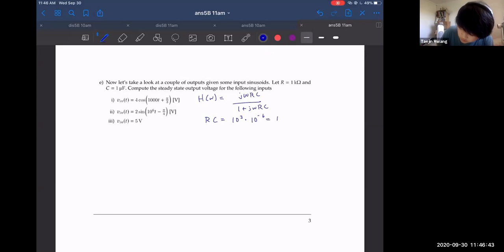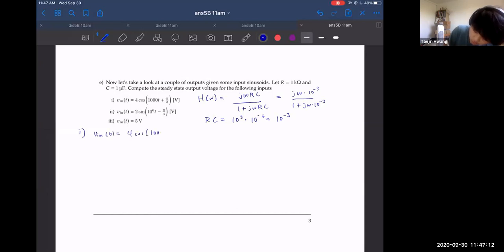So it's equal to 10 to the minus 3. Plugging in for RC, we get the following. I'm only going to take a look at part 1; I think the techniques generalize pretty well. What we want to do is we have this sinusoidal voltage with frequency 1000.